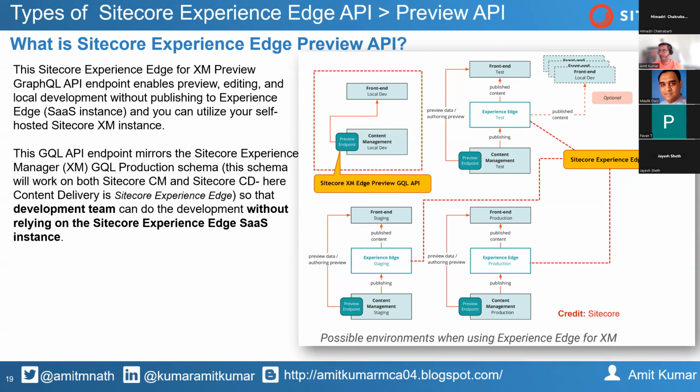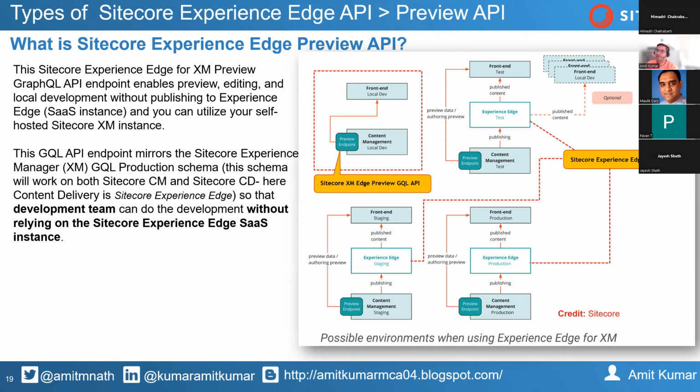You should not need an actual SaaS Experience Edge endpoint. You can utilize your local Sitecore infrastructure itself. For example, on the dev integration endpoints, you can build your application with the XM1 topology, which has a CD also, and access the Edge GraphQL endpoint from there itself.